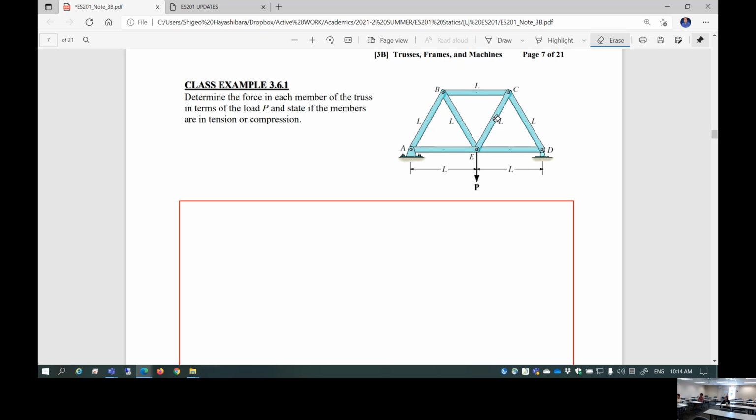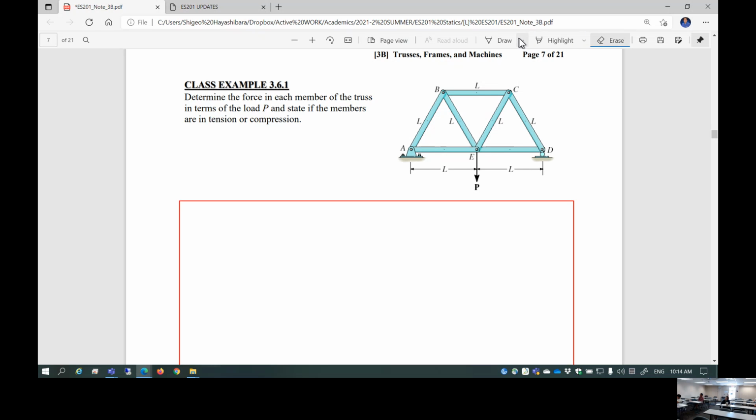That's it, because this is equal to that, this is equal to that, because it's symmetric. If it's a non-symmetric truss, you have to do one or two more. So 4 joints, each with equations of equilibrium in x and y direction, so a total of 8 equations. In this case it's symmetric, so your life is much easier.